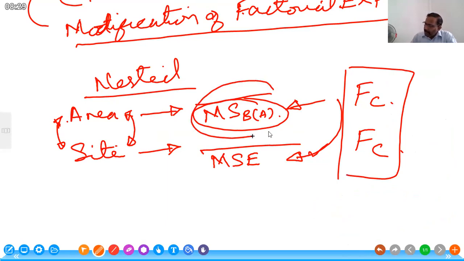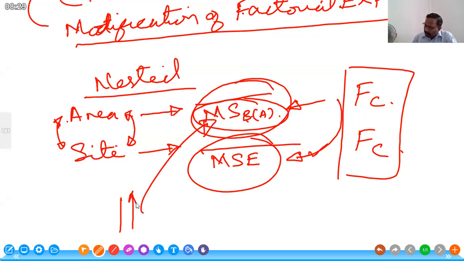Here the F value is slightly different from this, because here the denominator factor is very, very large. The denominator factor is very large, because the variability here in the numerator is also very large. So very large variability is divided by a very large denominator. So that is the concept.